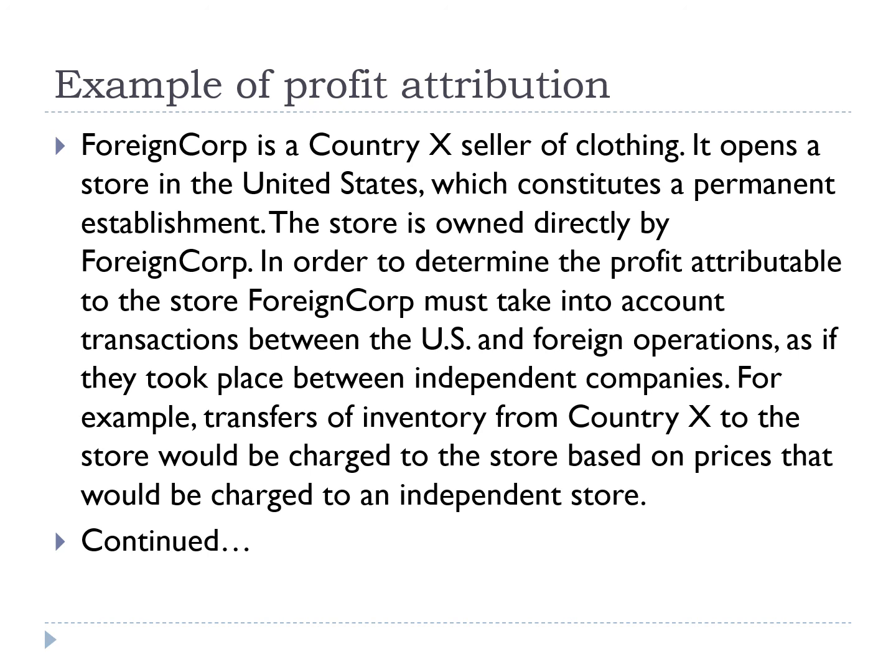In order to determine the profit attributable to the store, Foreign Corp must take into account transactions between the U.S. and foreign operations as if they took place between independent companies. For example, transfer of inventory from country X to the store would be charged to the store based on prices that would be charged to an independent store. This example is continued on the next slide.